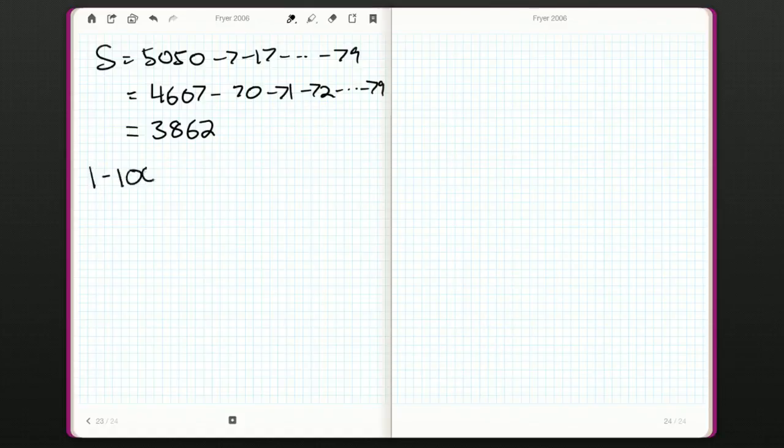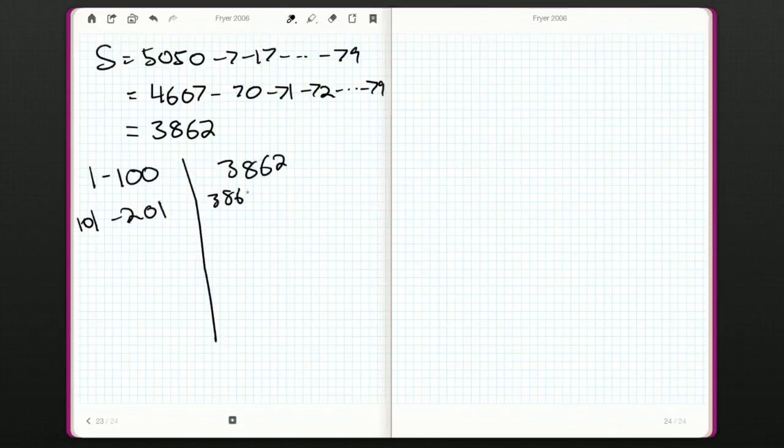So 1 to 100, we get a sum of 3862. 101 to 200, we get 3862 plus 81 times 100.